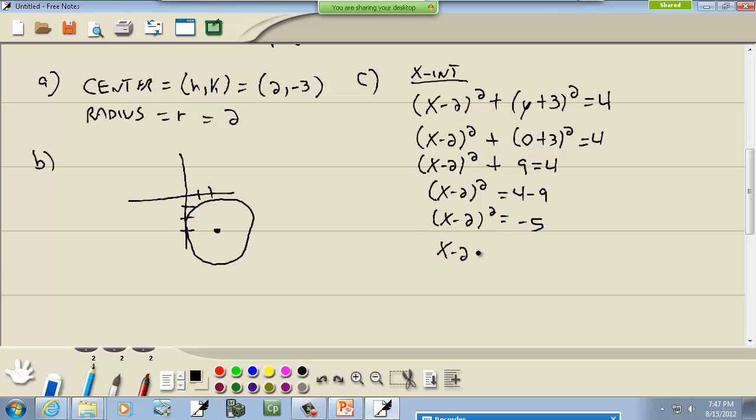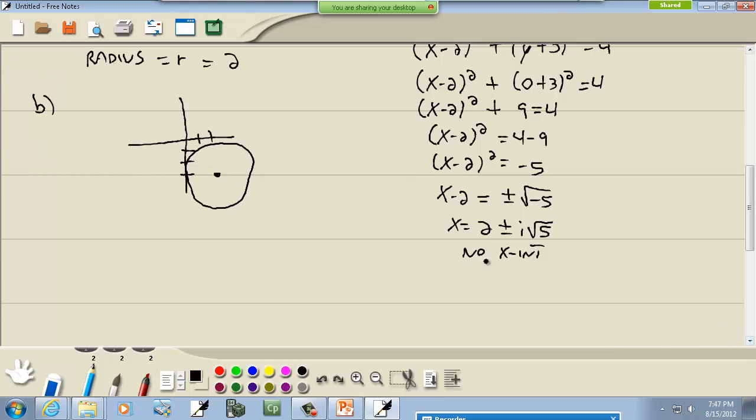You drop the squared, and you put a plus or minus square root around the other side. And then solve for x. So take negative 2 over, becomes a positive 2. And remember, the negative inside the square root gives you an i. Now, a lot of people put that at the end. I don't like people to get confused and think it goes under the square root. So you put it in front, put it behind. Put it behind is officially the correct place. Now, we got an imaginary number, so that means there is no x-intercept. Let's find our y-intercept.